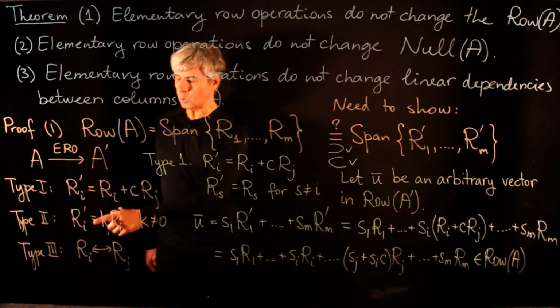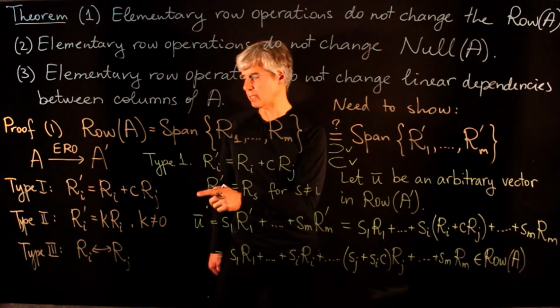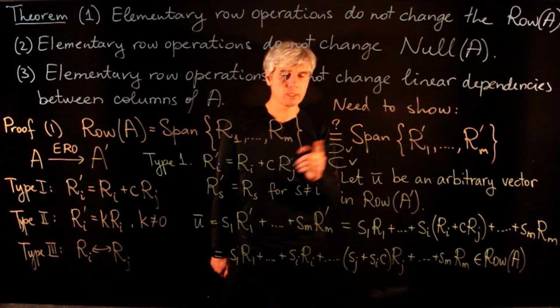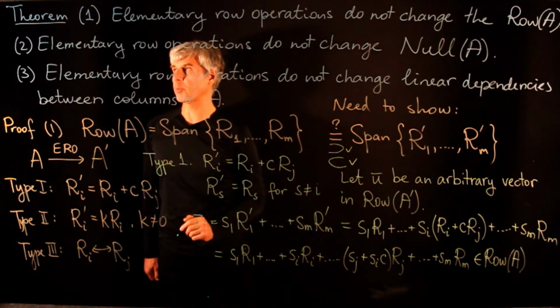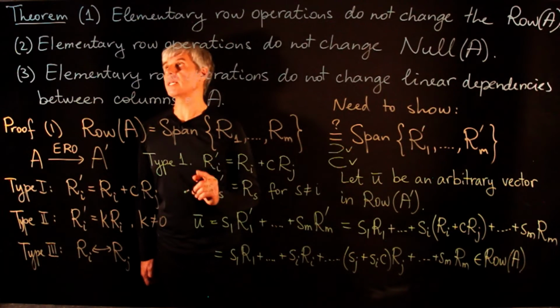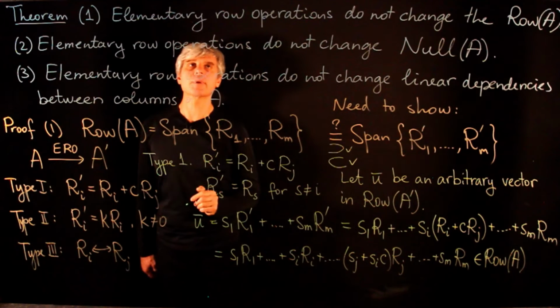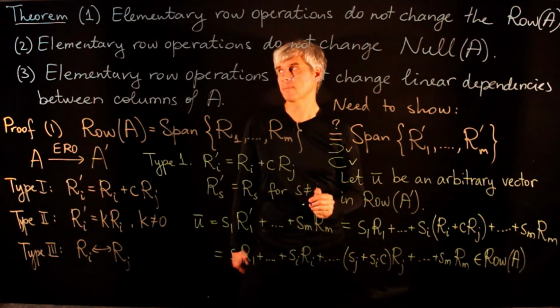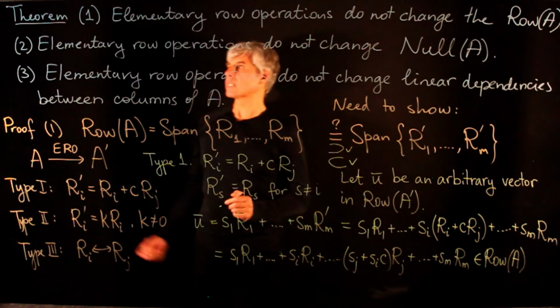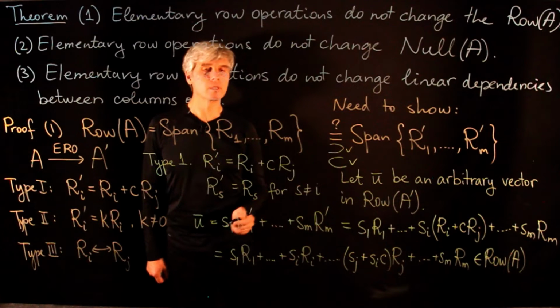And for a type 2 elementary row operation, I leave it as an exercise for you to show that these two spans are the same. So this would complete the proof of the first statement, that elementary row operations do not change the row space of a matrix.